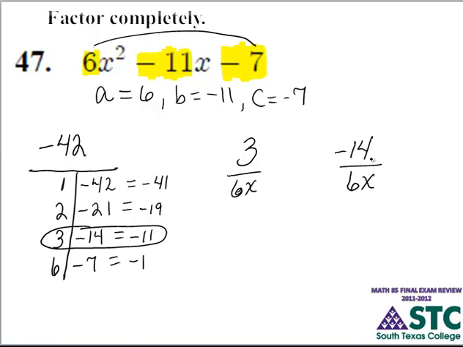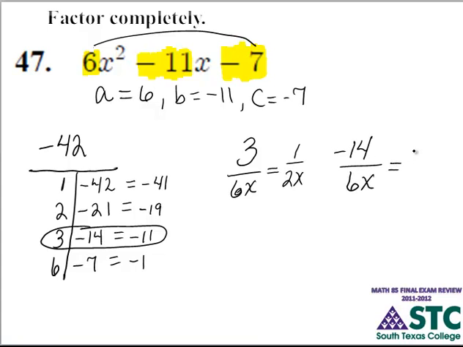Now, the next step is to reduce if necessary. Now we can reduce this 3 over 6x, and this simply becomes 1 over 2x, since 3 over 6 becomes 1 over 2. And the next one, negative 14 over 6x, can be reduced by 2 as well.